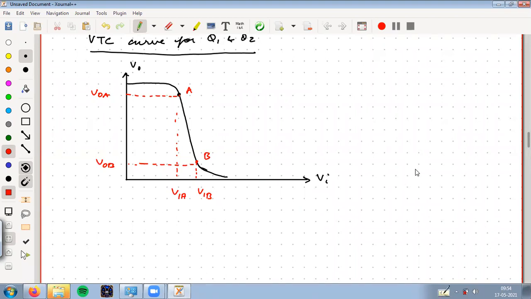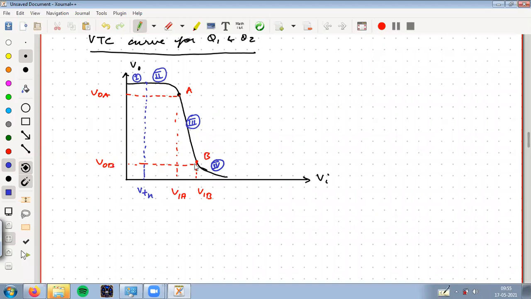Here, I'll define another region. I'll call this VTN. This will be region 1, this will be region 2, this will be region 3, and this will be region 4.